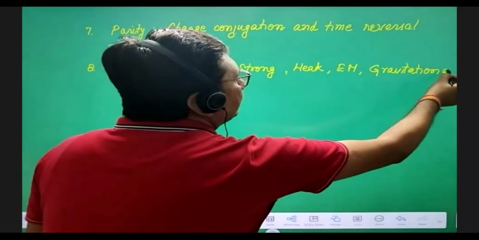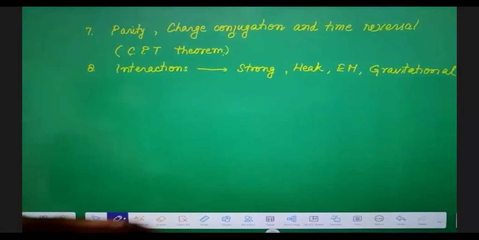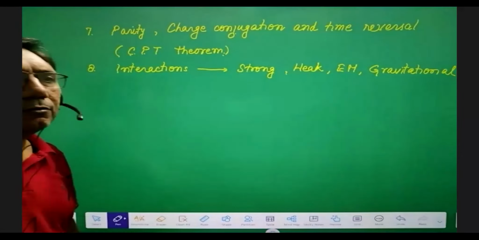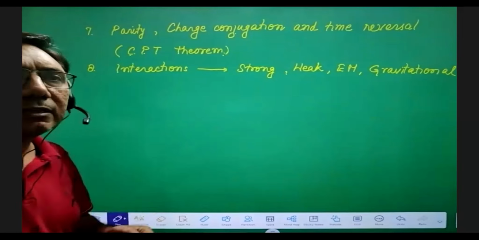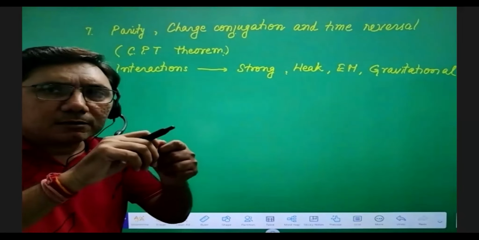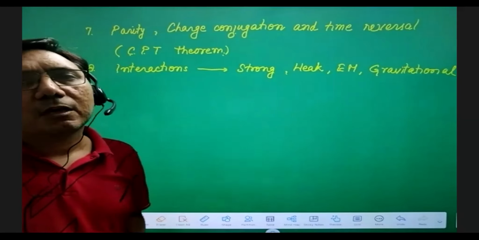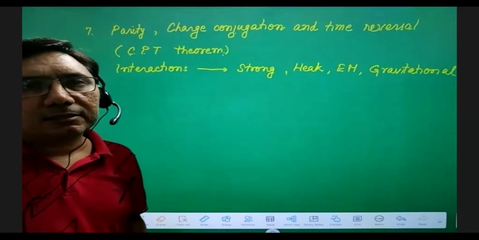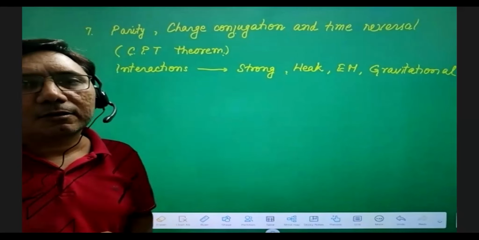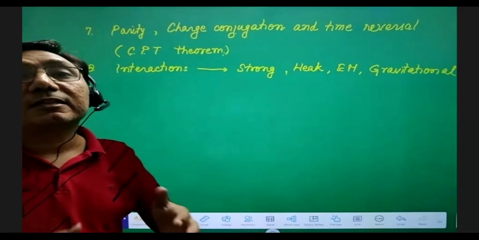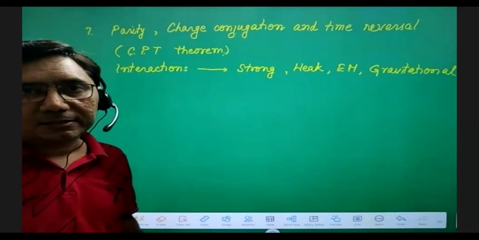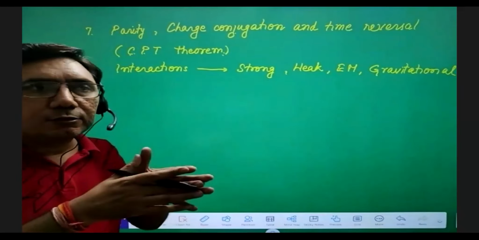If I give you an interaction equation, then on the basis of the properties you have studied, you can find out whether that interaction is possible or not, and if it is possible, what type of interaction it is.